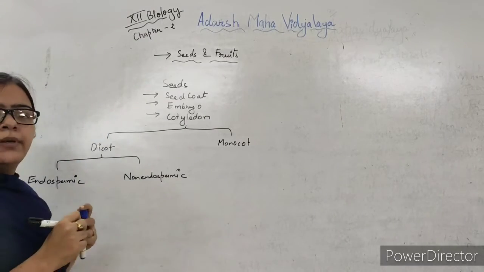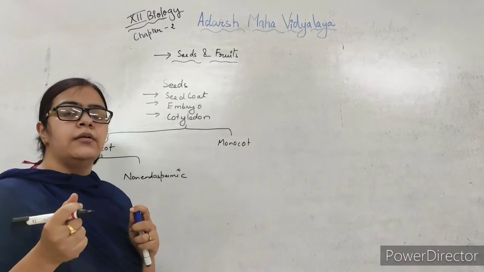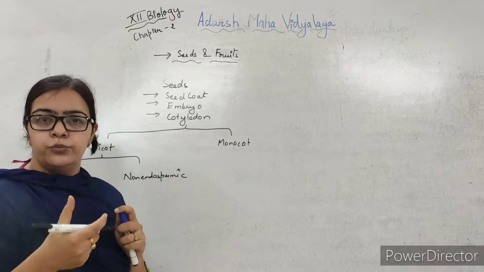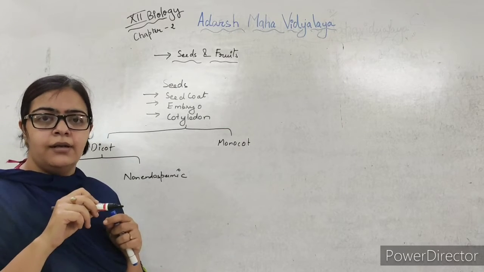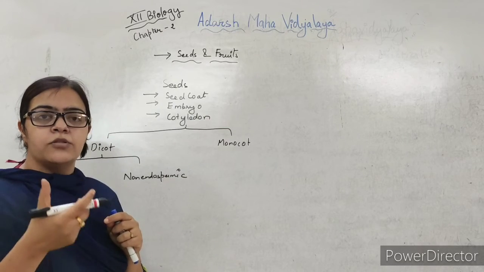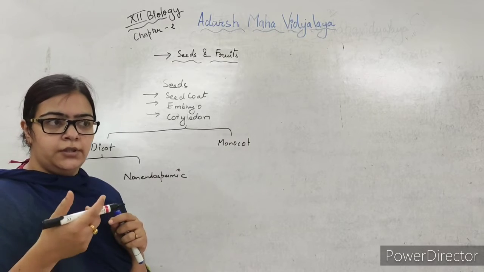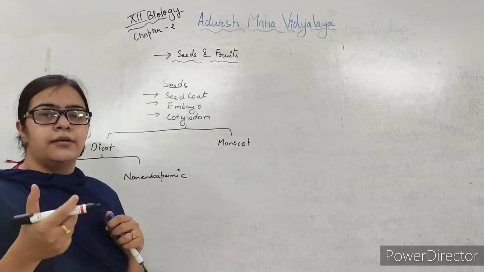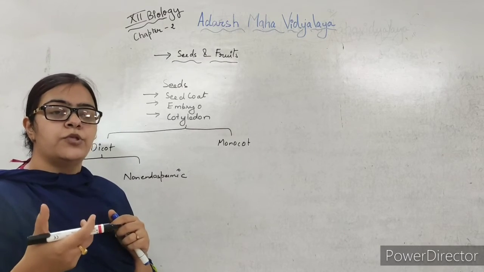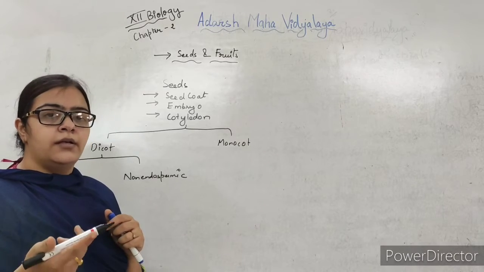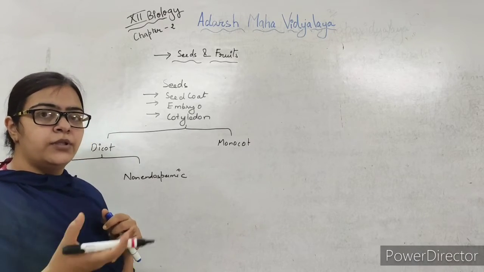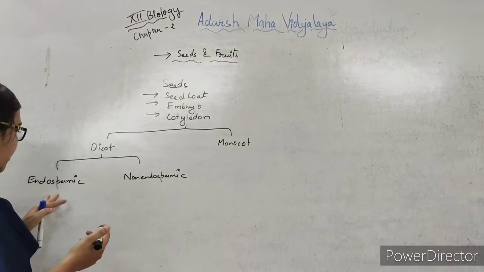What was endosperm? Endosperm was nothing but when the male gamete united with the two polar nuclei inside the central cell, what was formed? Because of the triple fusion of the haploid cells, a triploid endosperm was formed, which further will provide nourishment to the developing embryo.